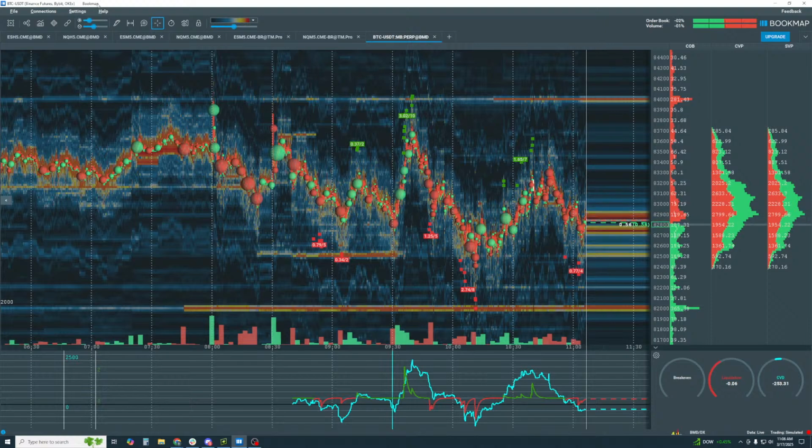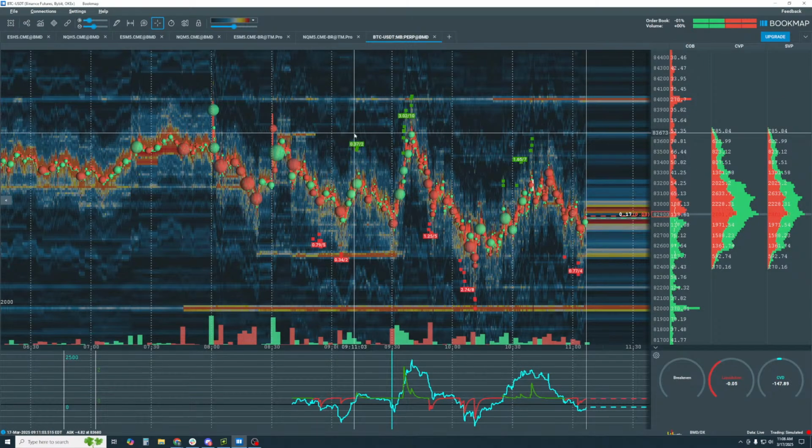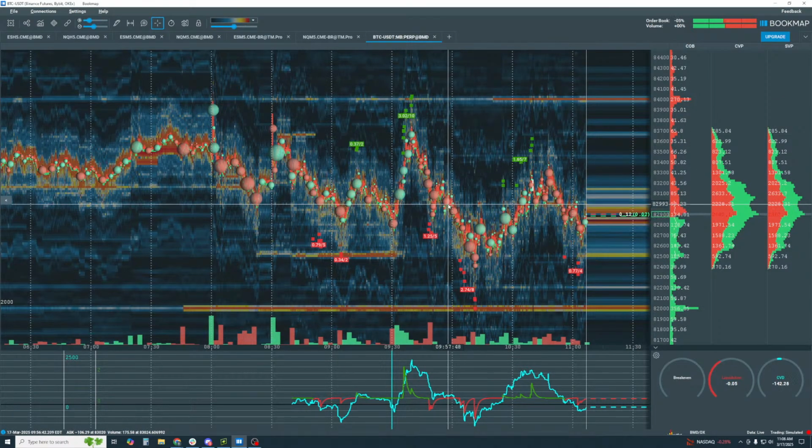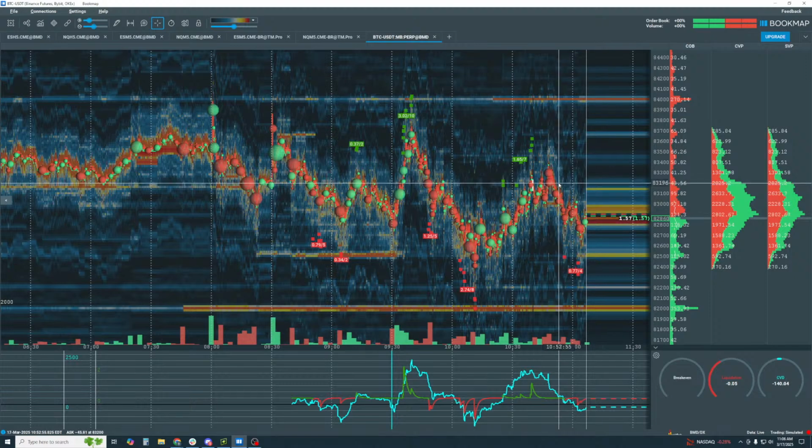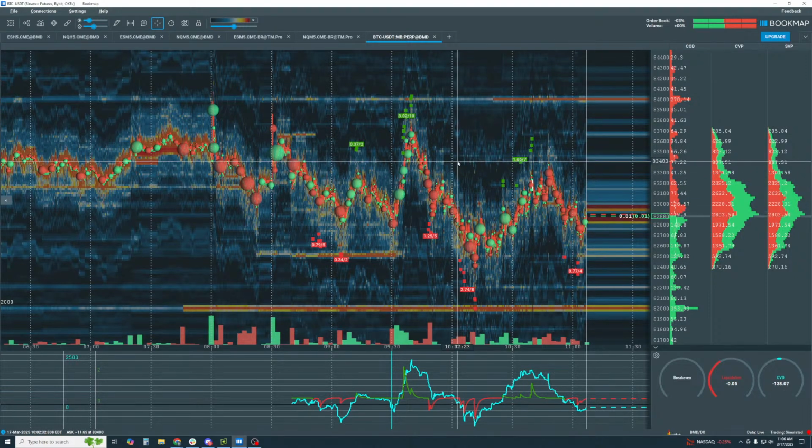It's pretty simple to understand, Stephen. It's not rocket science whatsoever. It just sounds like it's complex. But you know, here we're looking at Binance Futures, Bybit, and OKEX, all within one instrument here. So it's a synthetic instrument. You can't get this outside of Bookmap.